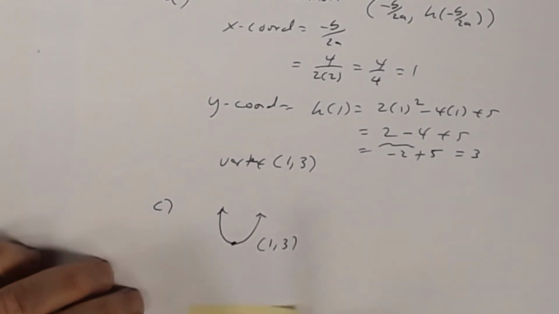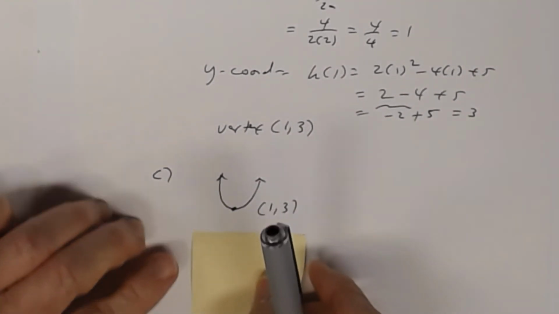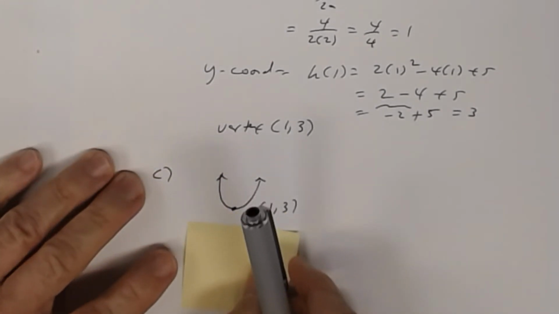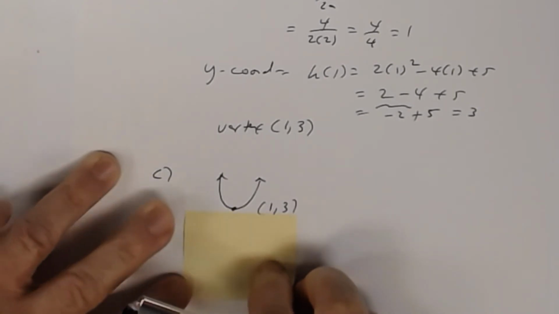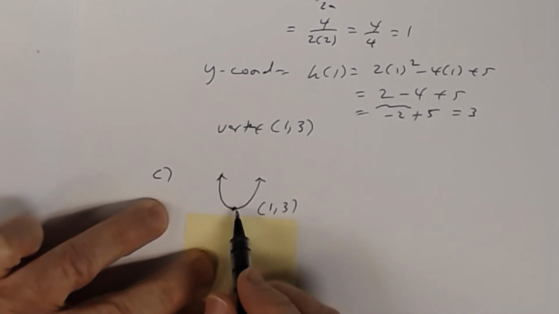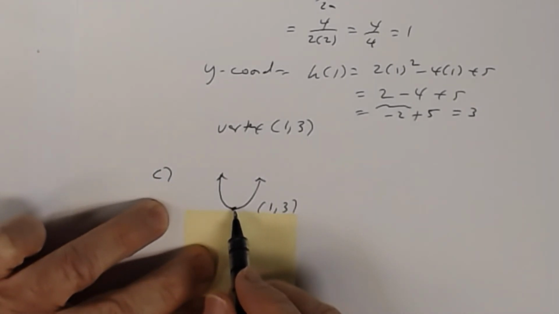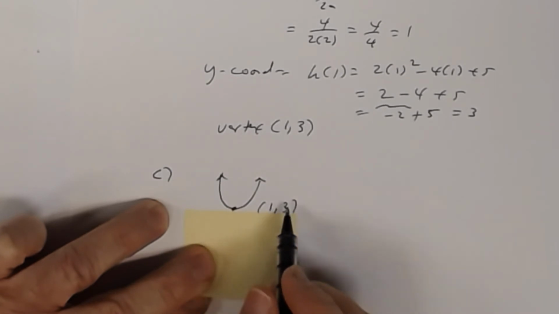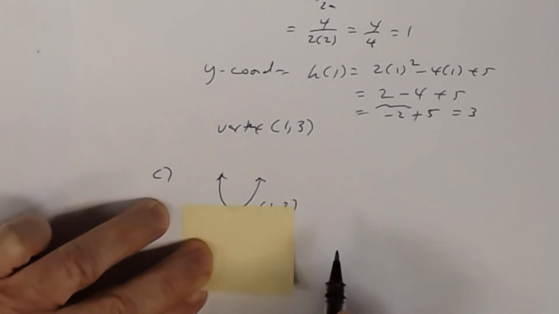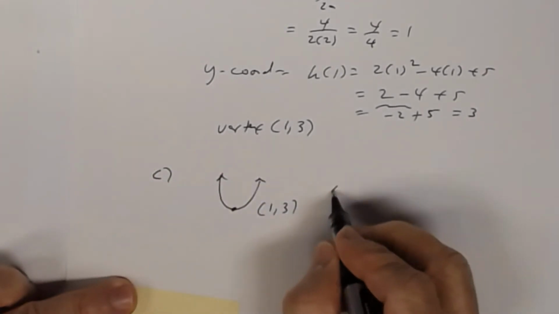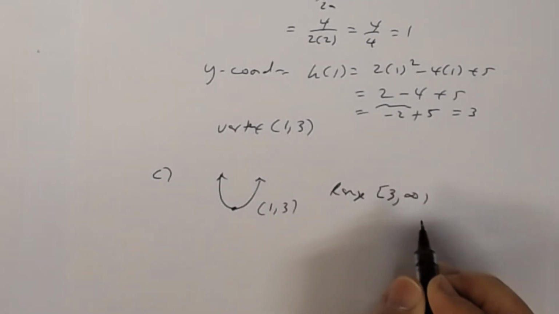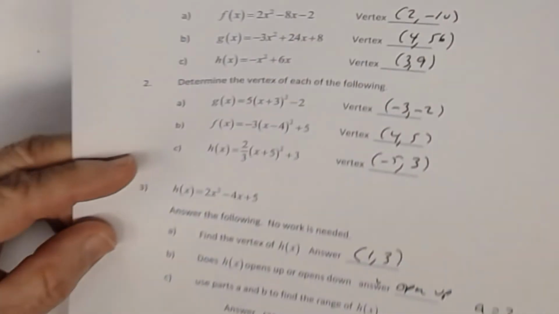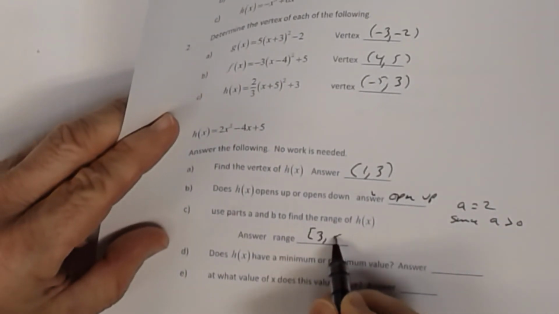So if you were to move up along the y-axis, this minimum point, this lowest point right here, will give you the smallest y value. So you're going from 3 all the way to infinity. So the range will be bracket 3 to infinity. That's your range.